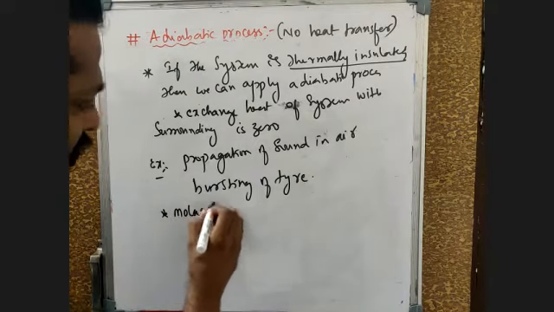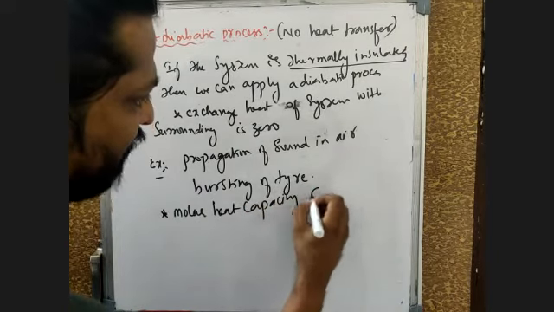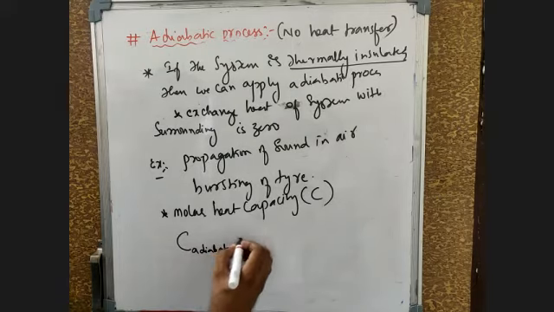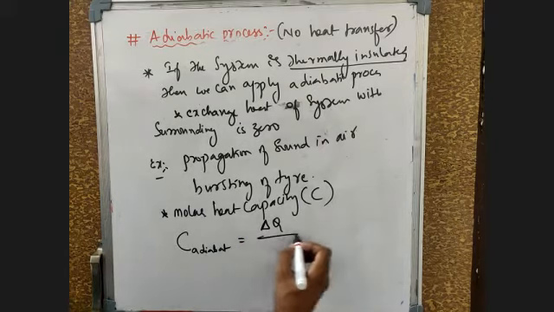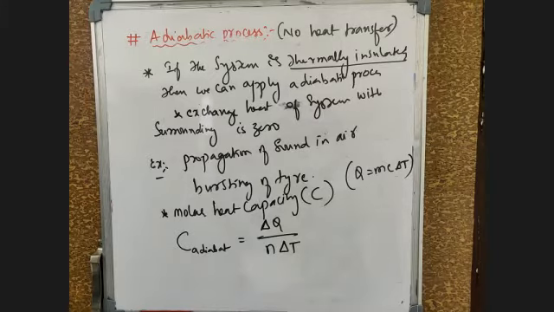Molar heat capacity, that is capital C, molar specific. If I write C adiabatic, it is equal to delta Q by n into delta T, from the relation Q equals m into c into delta T. So in this, delta Q is how much?